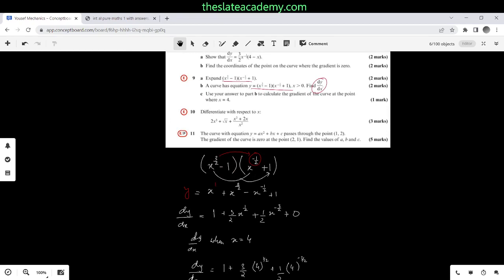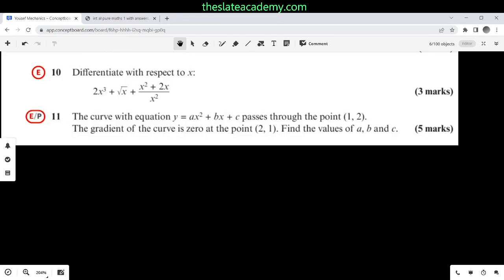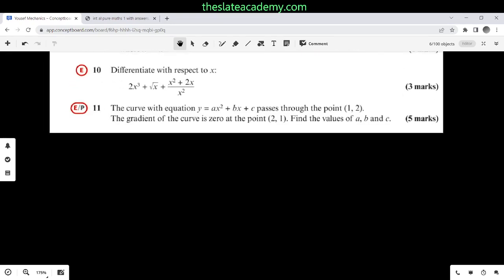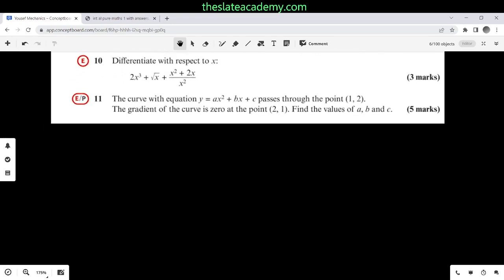Question number 10. Differentiate with respect to x. So you have to do simply the differentiation. Go ahead.